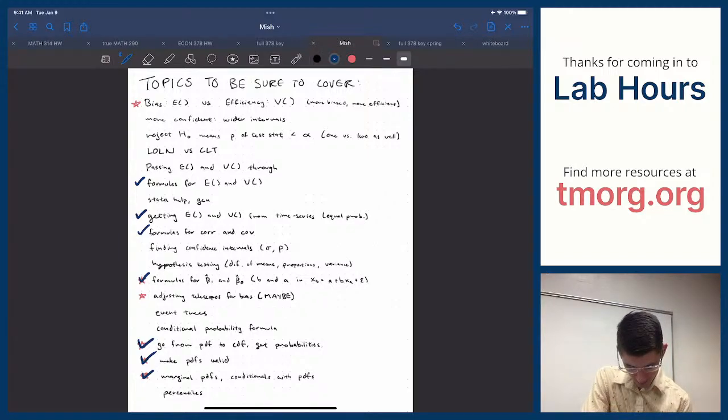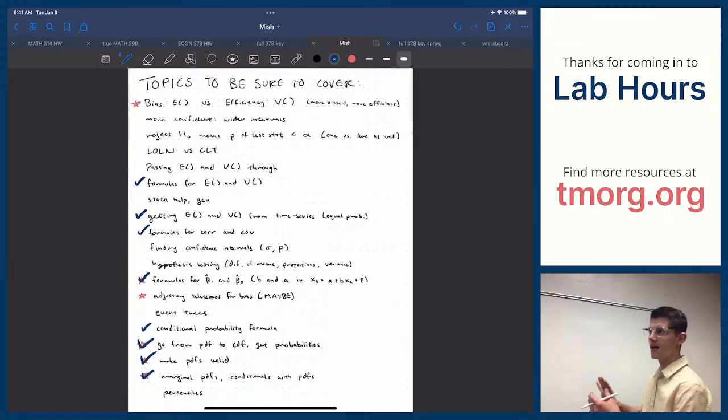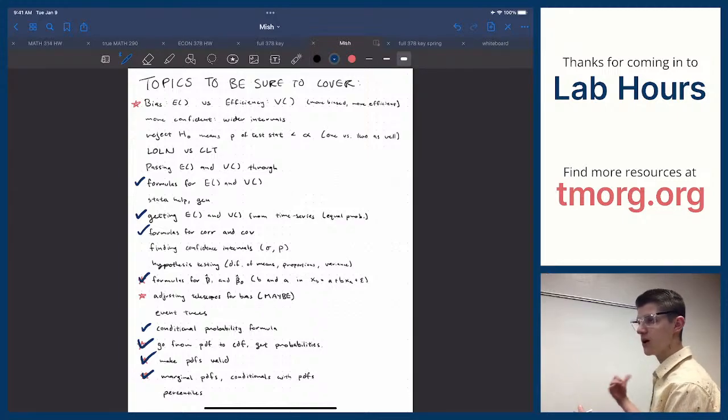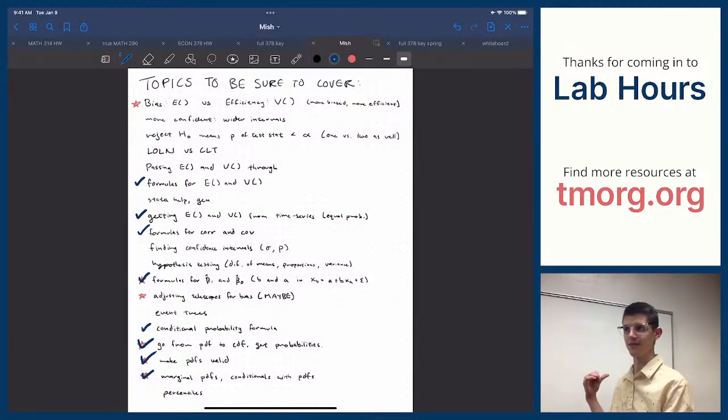let's see. Conditional probability formula, we did that, kind of. Percentiles, we've talked about them. Can I just suggest to you really quick that a percentile is a value on a PDF such that the nth percentile value of a probability distribution function is the value of that function such that n% of all the other possible values from that PDF are smaller than it, or to the left, or more negative than.